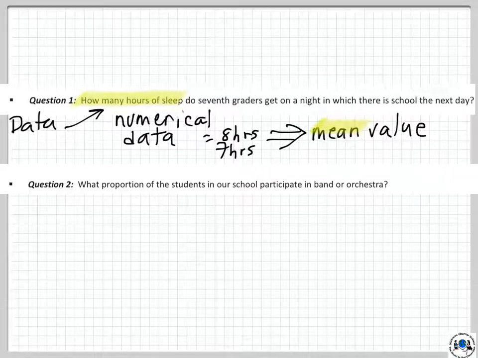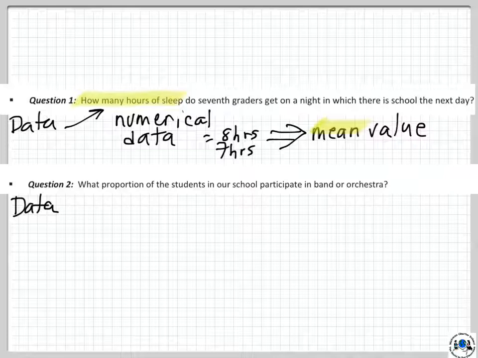In terms of the data that we're going to collect, we're going to ask students, do you participate in band or orchestra?